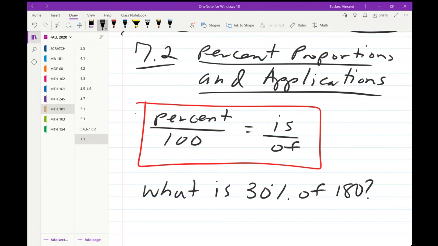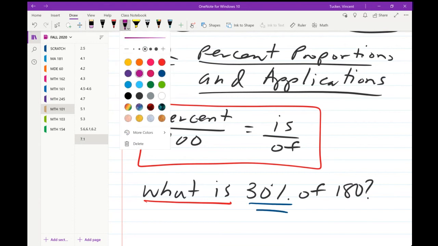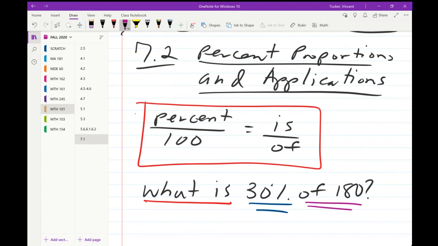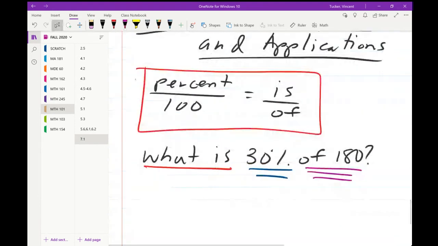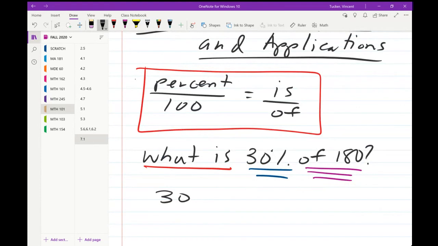All right, it says what is 30% of 180? So what is 30% of 180? Your percent, that 30, is going over 100.